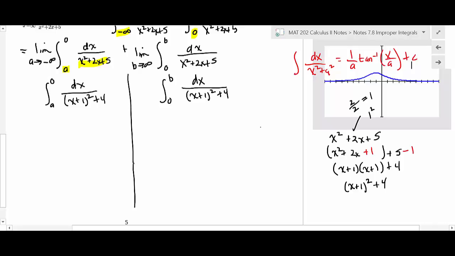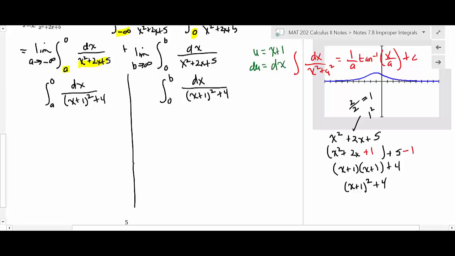Now you can do a U-substitution, but you can generally process something at this level in your head. I'm going to go ahead and show you the U-substitution. If you let u be equal to this thing, x plus 1, then du is just equal to dx.